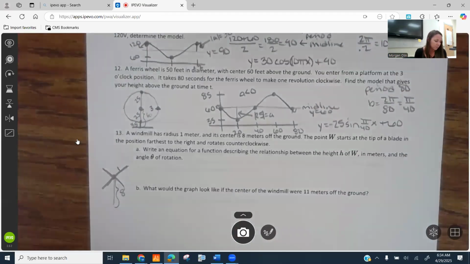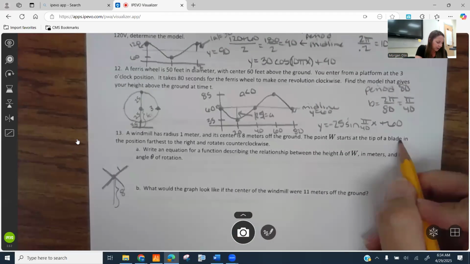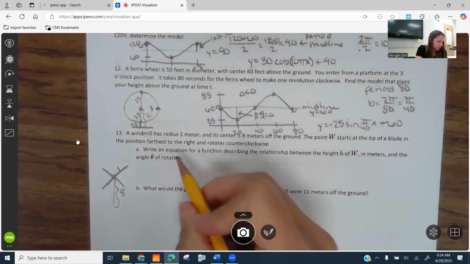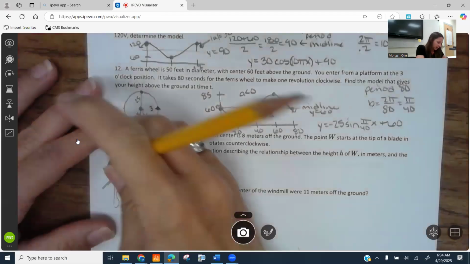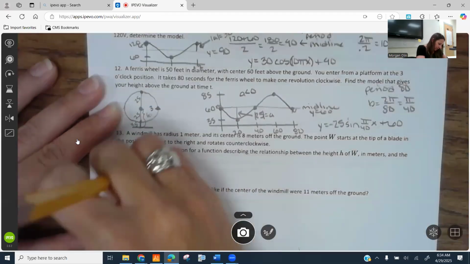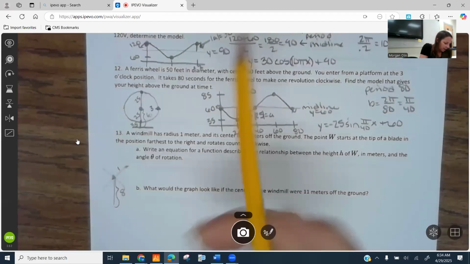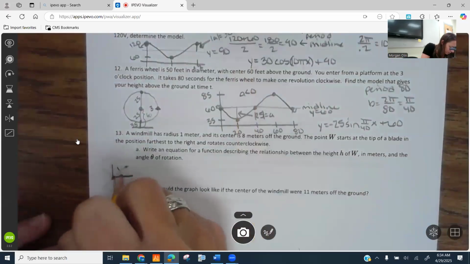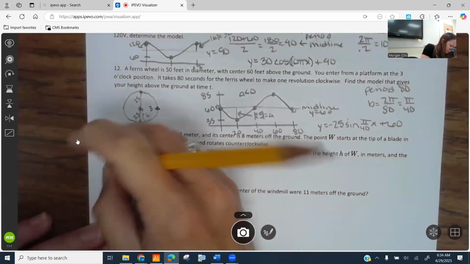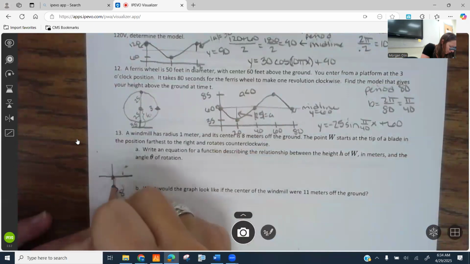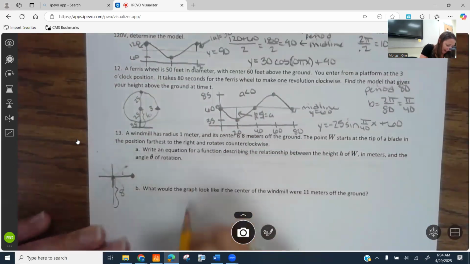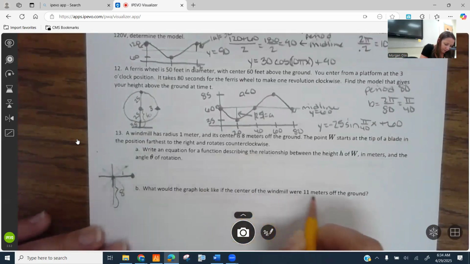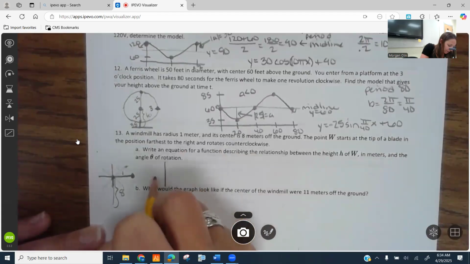All right. Point W starts at the tip of a blade in the farthest position to the right and rotates counterclockwise. Okay. So actually, let's start off like this. So this is a length of 1. Okay, it starts here. So it actually starts at 8.